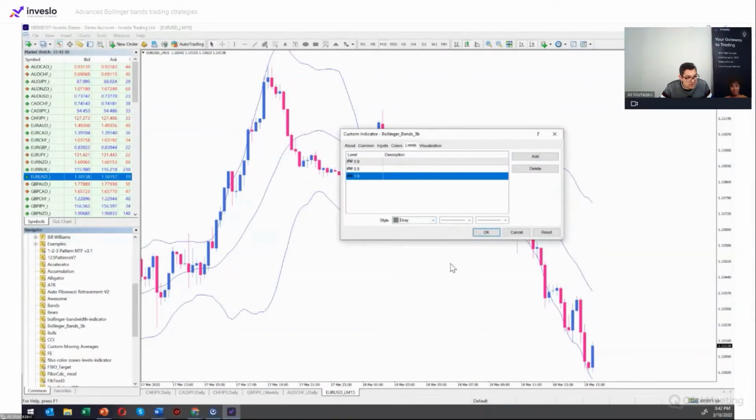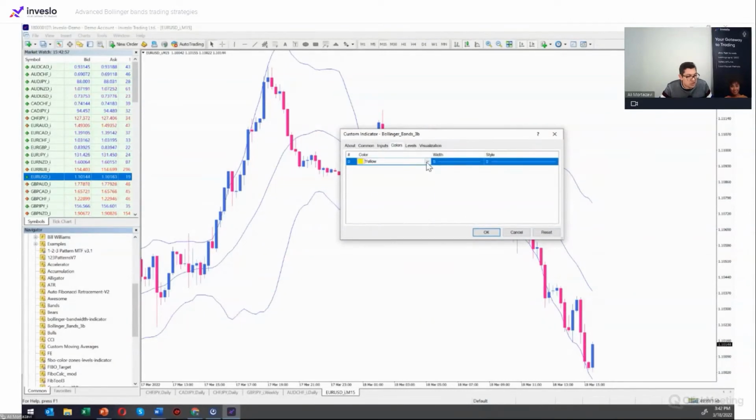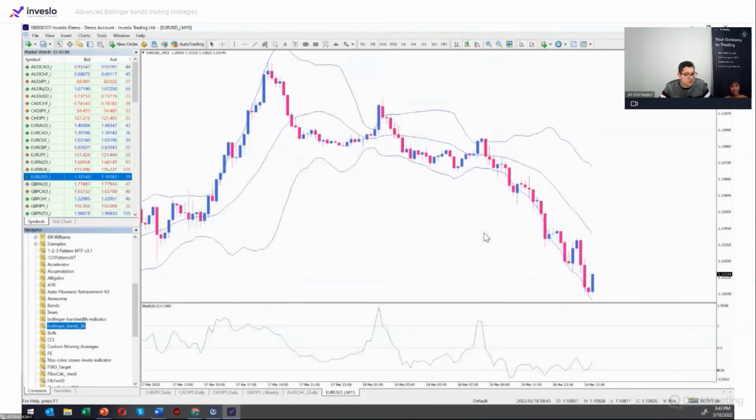Let me give them a color to make it clearer for you. I'm going to change the color to yellow, or maybe green would be clearer. Okay, and then I press okay, and you see the oscillator appears below the chart area, and we are going to see how it works.